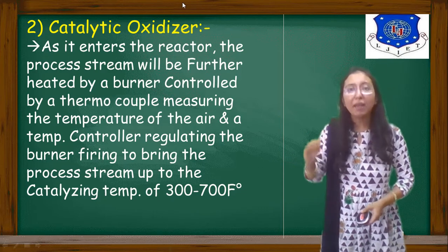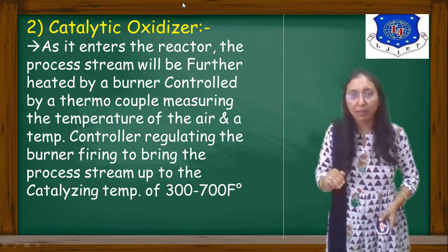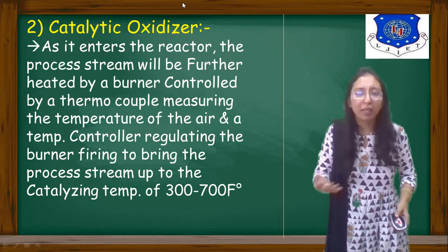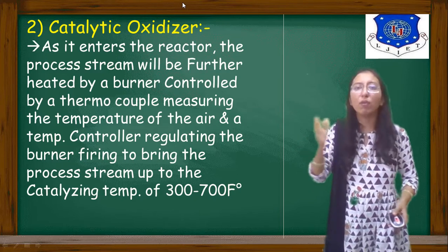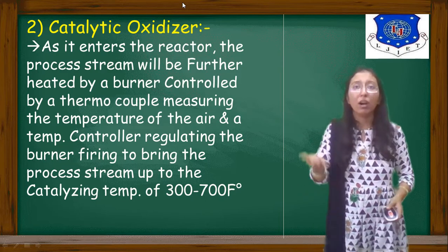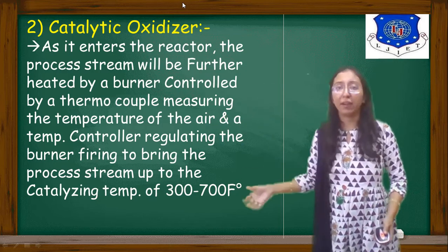So here air passes through the reactor. In this process we are using a thermocouple for measurement of temperature, measuring the temperature of the air, and we are controlling and regulating it up to 300 to 700 degrees Fahrenheit.